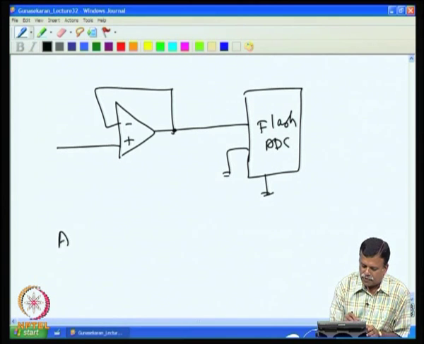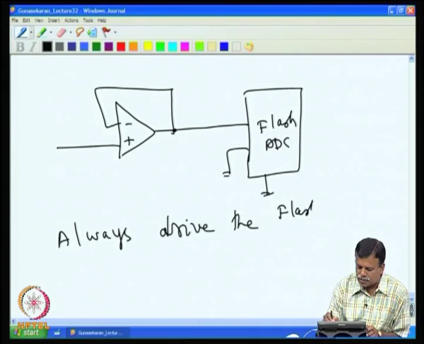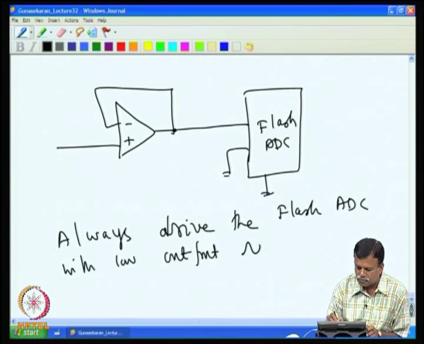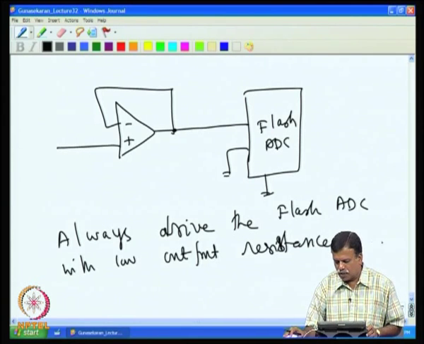So, always drive the flash ADC with low output resistance. This is one of the major issues, and most of the converters now have an inbuilt voltage follower, so that this problem is taken care of.